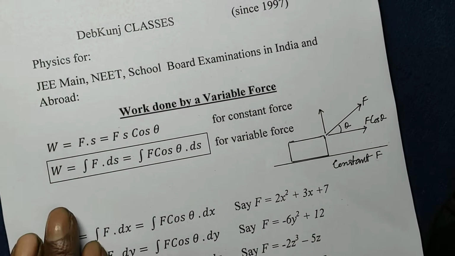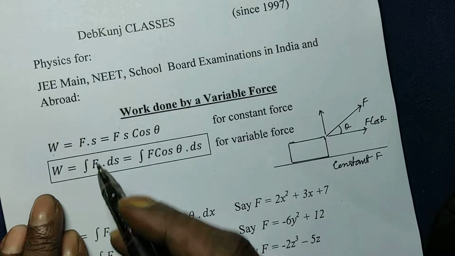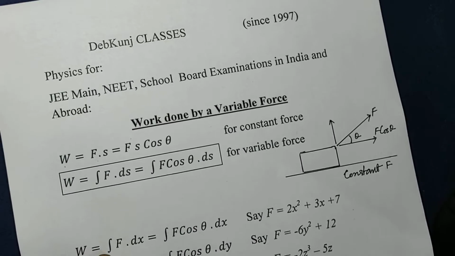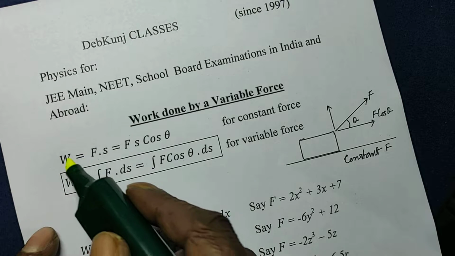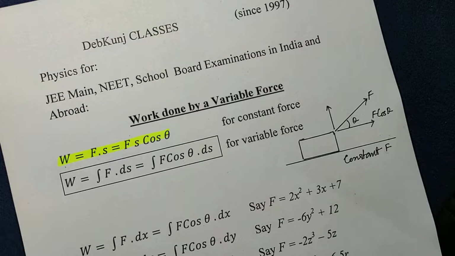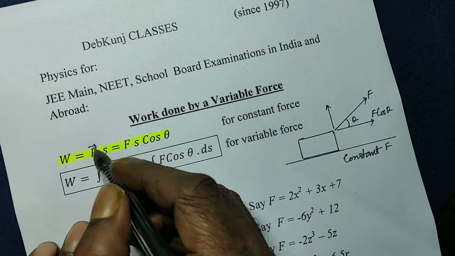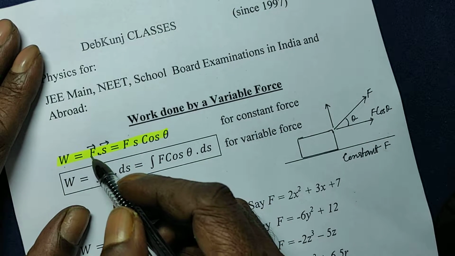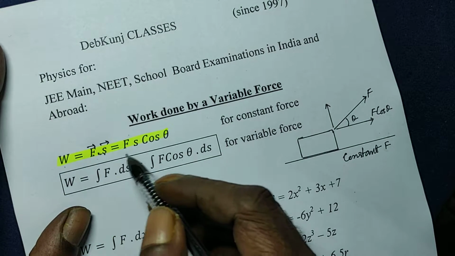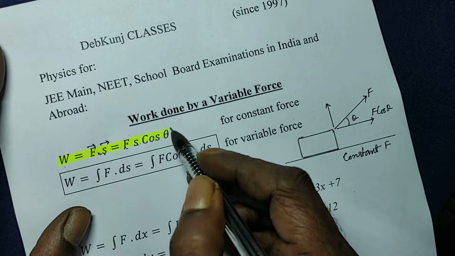So this is what we learned in the previous videos, work done by a constant force. This we did before. In the previous videos, F was a vector, displacement was a vector, since dot product is defined as the magnitude of the first, magnitude of the second, and cosine of the angle between them.